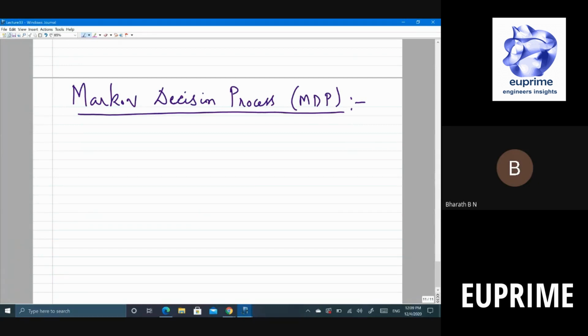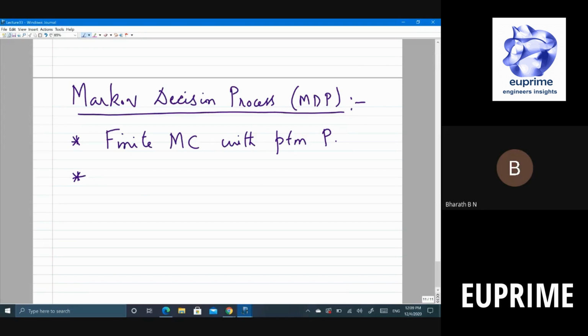This is the setup. You have a finite Markov chain with probability transition matrix P. Let's assume this. And we will assume that if you are in state i, you will get a certain reward.